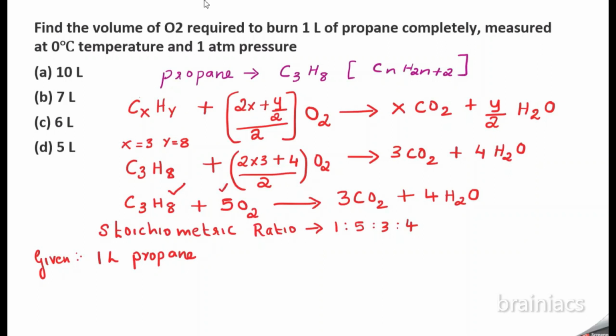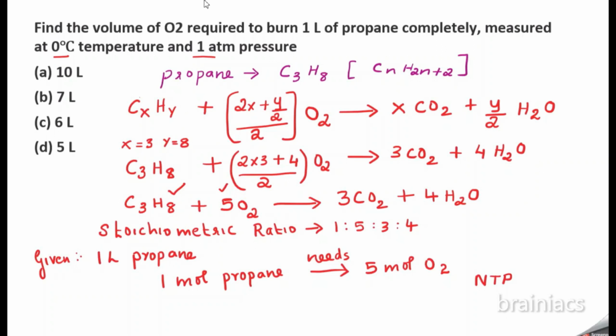As per stoichiometry, first I will write in terms of mole. 1 mole propane needs 5 mole oxygen, correct? Now we know that it is at 0 degrees Celsius and 1 atmospheric pressure, so they are talking about NTP. What is the difference between STP and NTP?